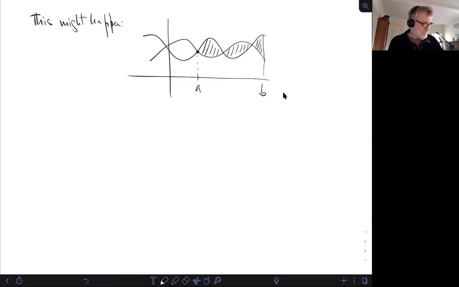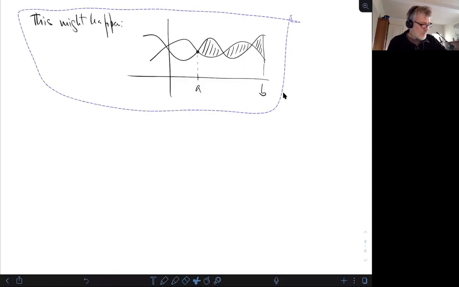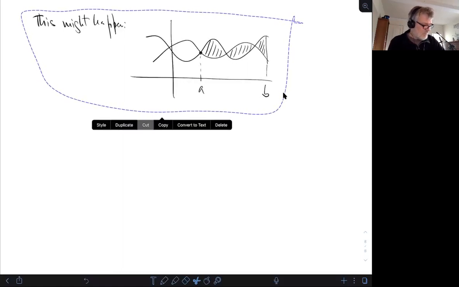Okay, so no, let's not. We'd have to split this up into pieces. So forget what I just said. Theoretically, this could happen, but then the functions g1 and g2 would be very, very messy.